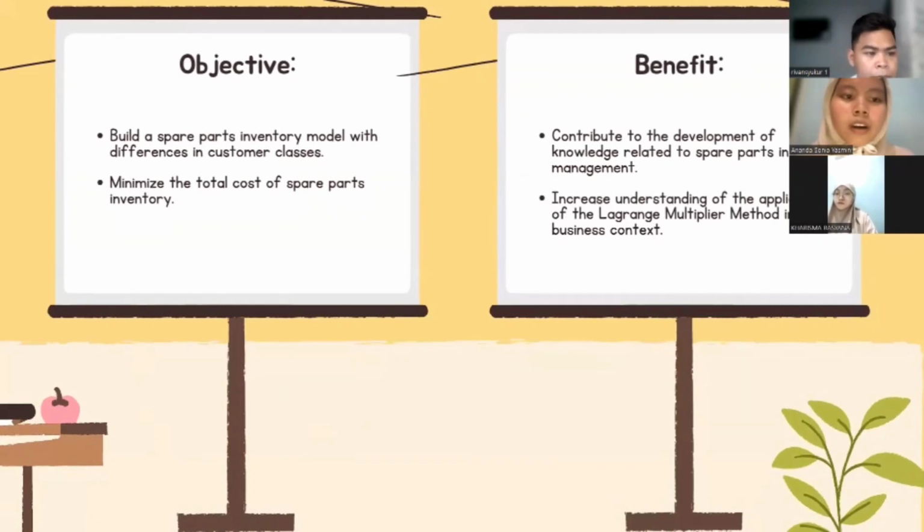Our objective is to build a spare part inventory model with differences in customer classes and minimize the total cost of spare part inventory. And the benefit is to contribute to the development of knowledge related to spare part inventory management and increase understanding of the application of the Lagrange multiplier method in a business context.